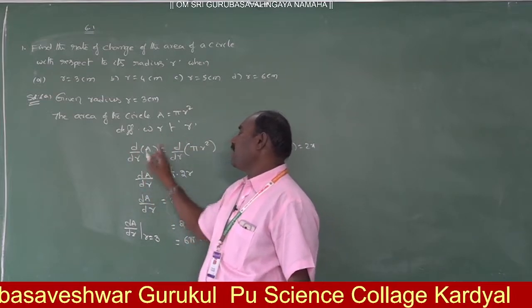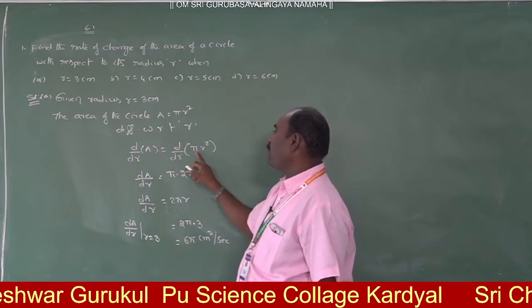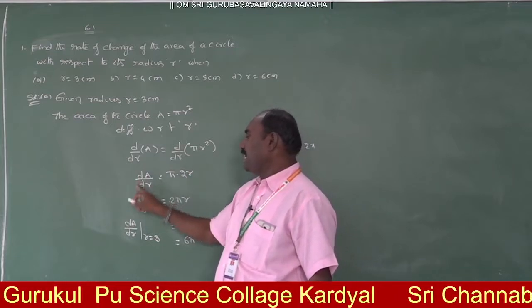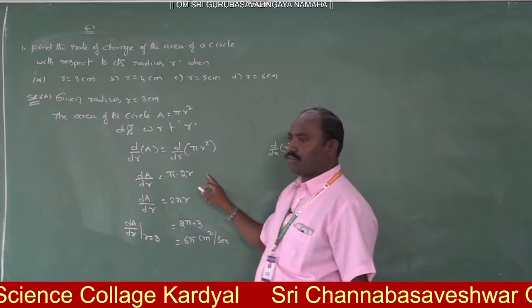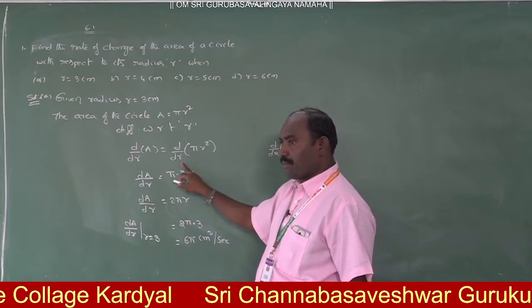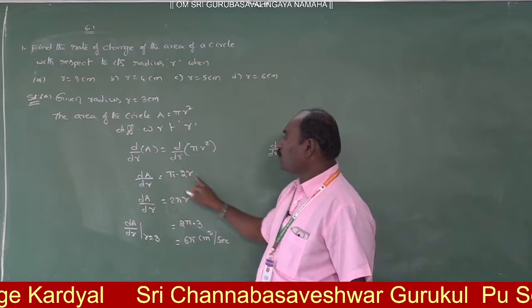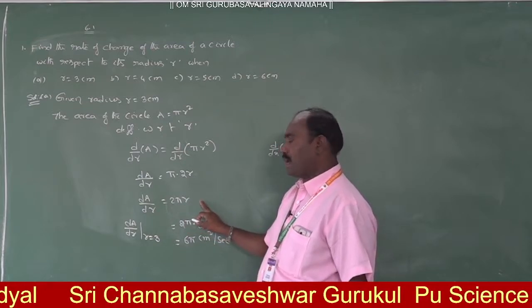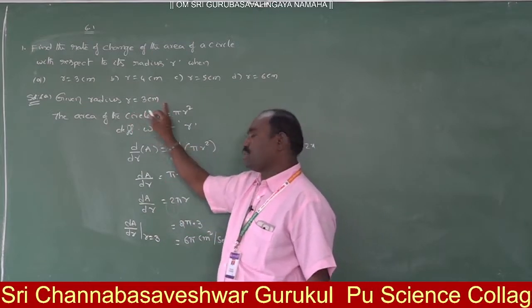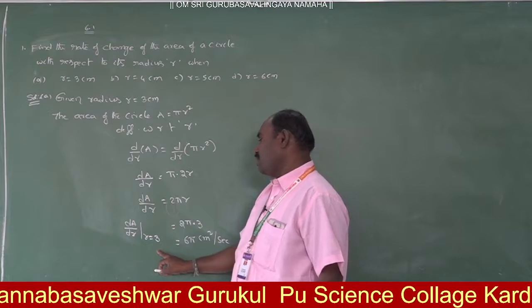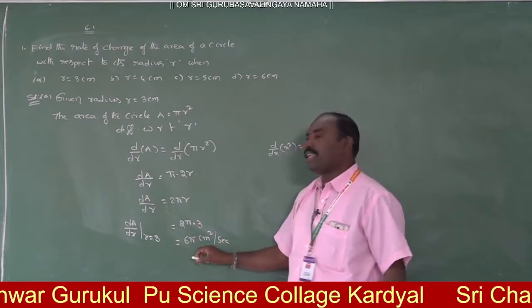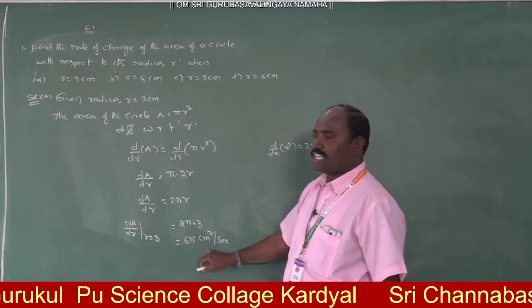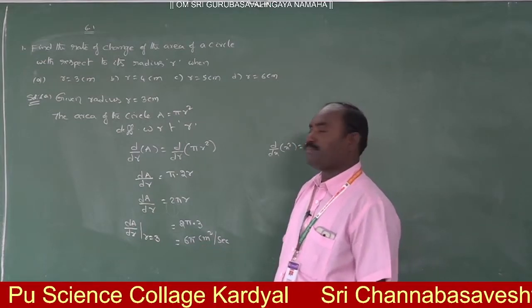So d by dr of A equals d by dr of pi r square. So dA by dr equals pi is the constant, differentiation of r square equals 2r with respect to r. So pi into 2r, that value equals 2 pi r. Therefore at r equal to 3, dA by dr equals 2 pi into 3, that value equals 6 pi. Area is square, so centimeter square per second.